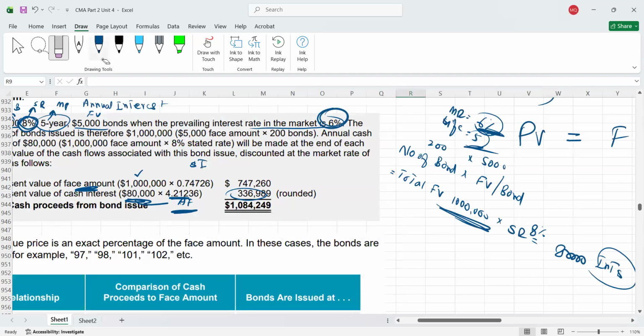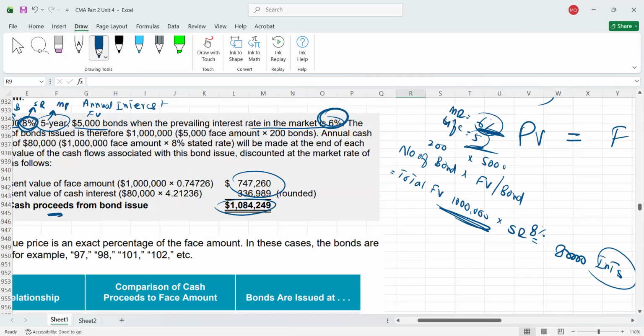So here it is multiplied by 0.747 with this face value, and you got another present value. If you add these two figures, this is going to be the total market value, or cash proceeds.